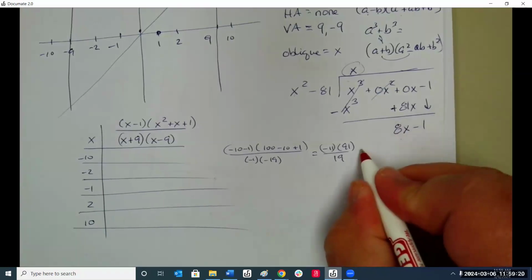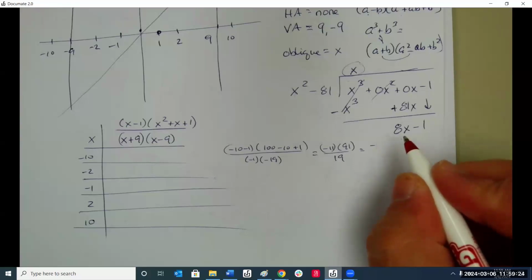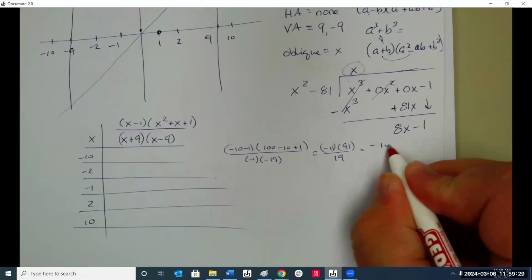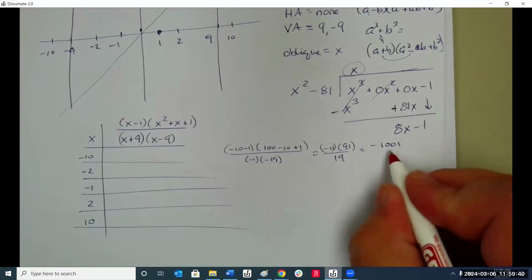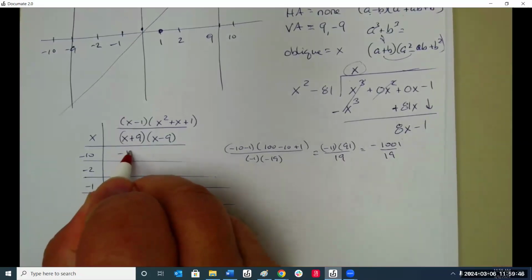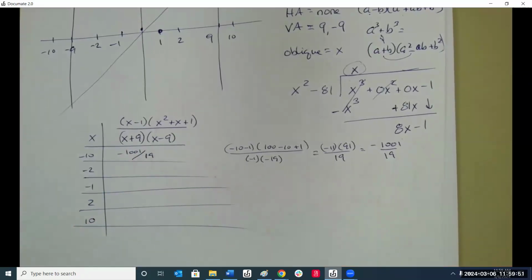So that's going to be 110 plus 91. So it'll be a very small number, a very large number, negative.